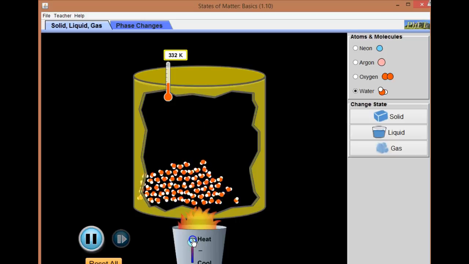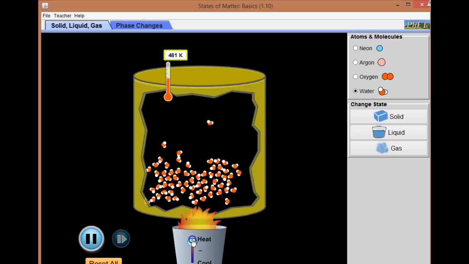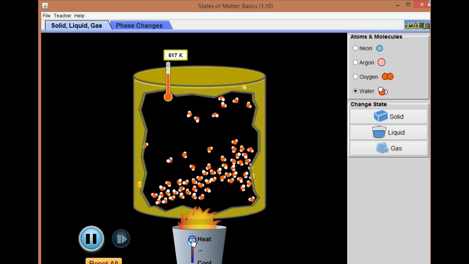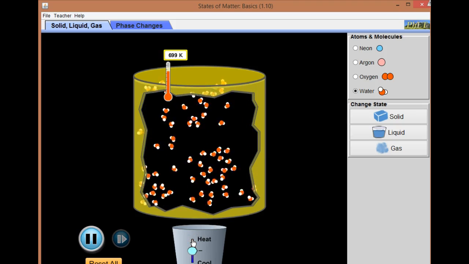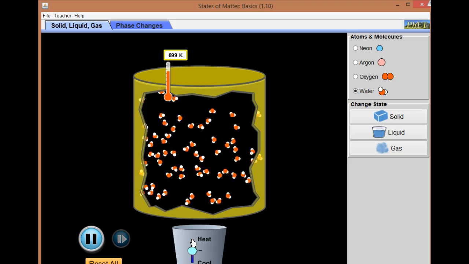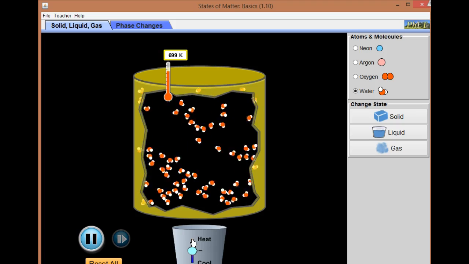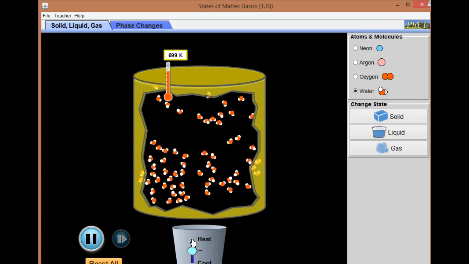If I heat this sample up even more, and it starts escaping into the gas phase, the particles exhibit a 3rd type of motion. They are vibrating, they are rotating, but they also start traveling in straight lines until they collide with something else. And then it's almost like they ricochet off of that substance.